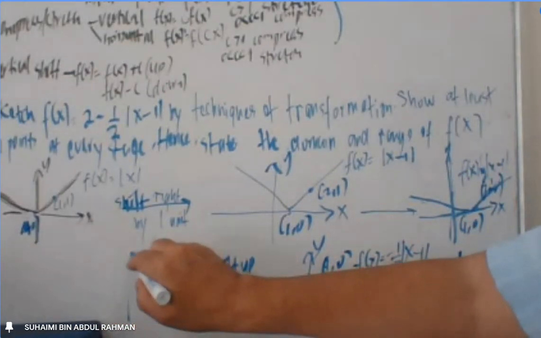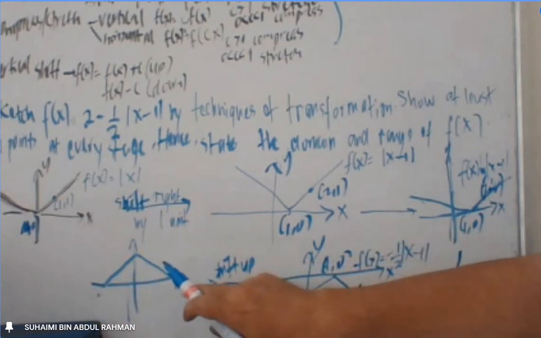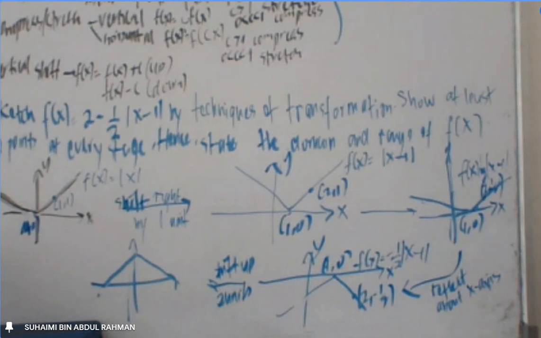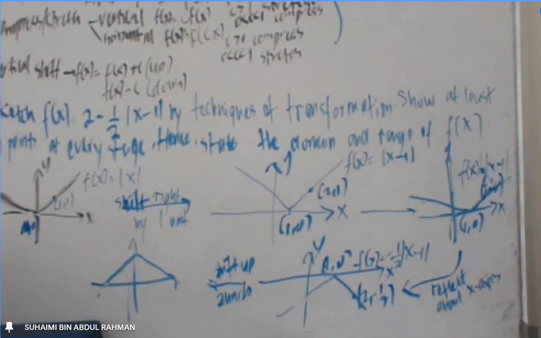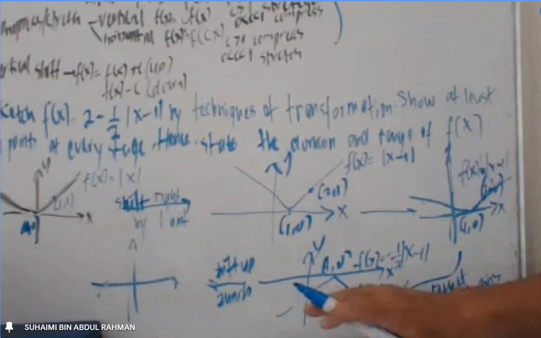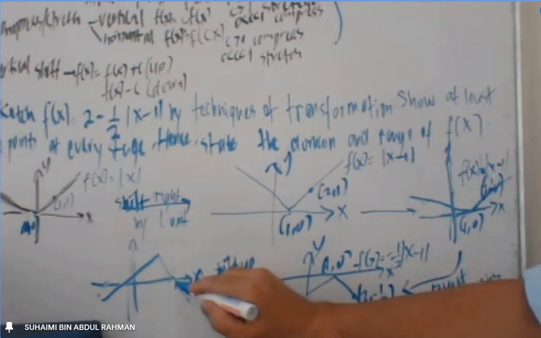Therefore, our graph will go up. This is x, this is y.